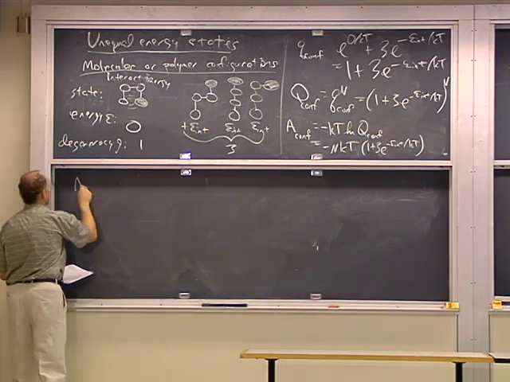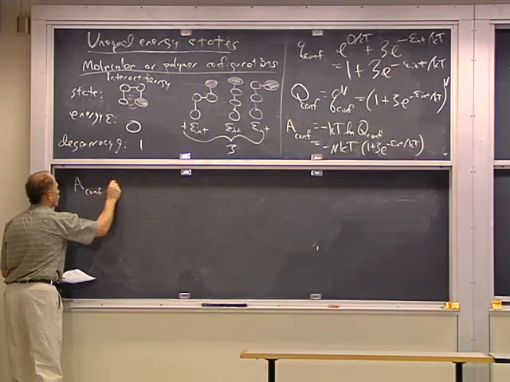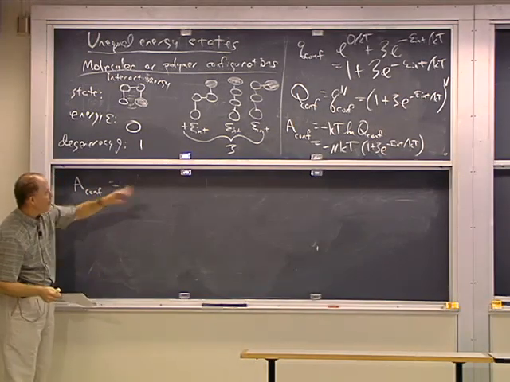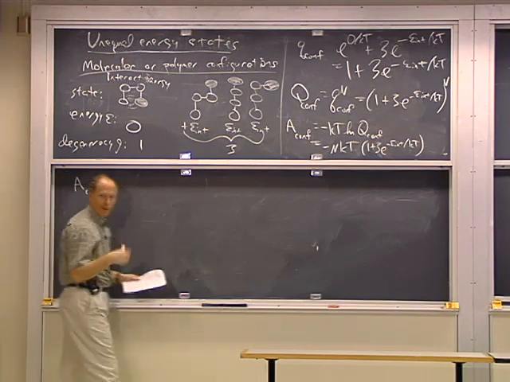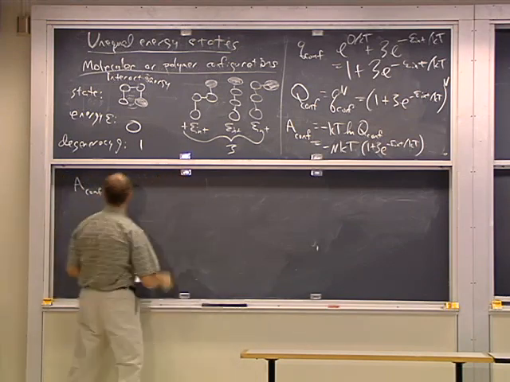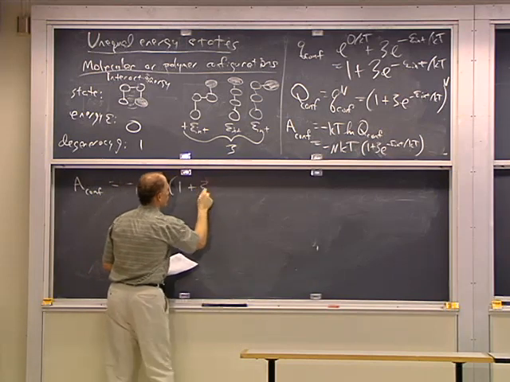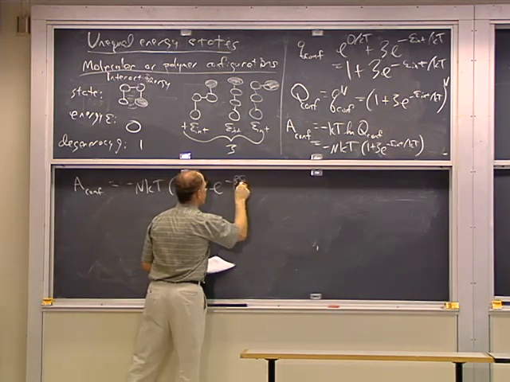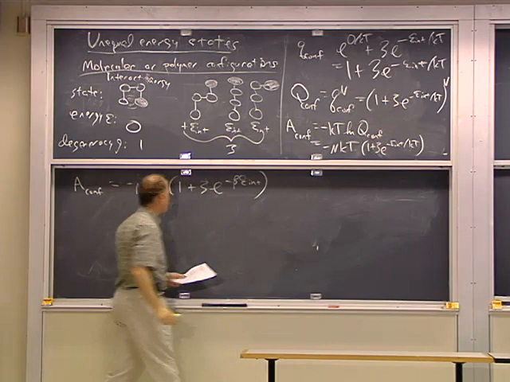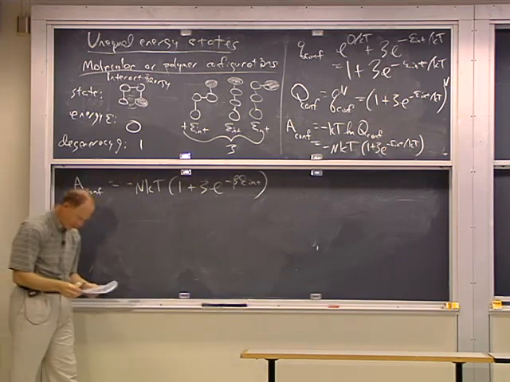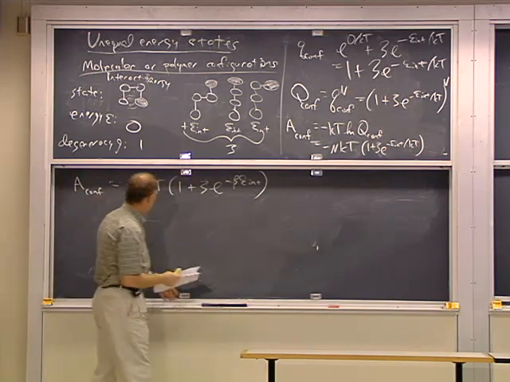Okay, I'm going to rewrite A configurational in terms of beta rather than kT, just because there are going to be a lot of these factors, right? So it's minus N kT log of 1 plus 3 e to the minus beta E interaction, okay? And that's our A. Everything is going to follow from that.